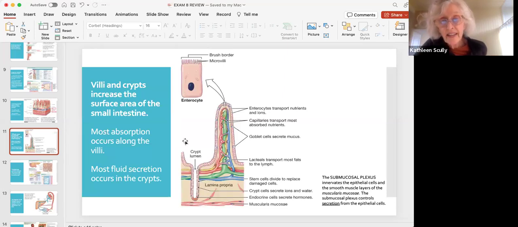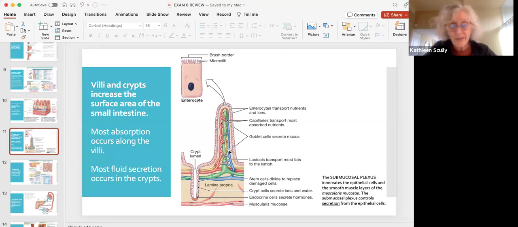So if we look up close at what the lining of the small intestine looks like, it looks like this. And I want you to appreciate how close these nets of capillaries are to the epithelial cells that are going to absorb nutrients.